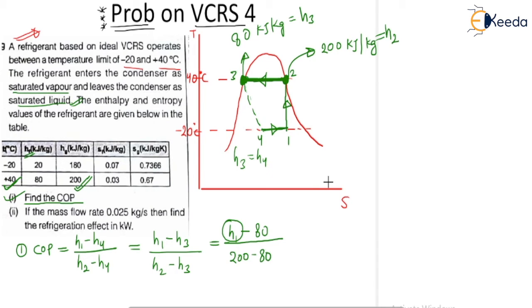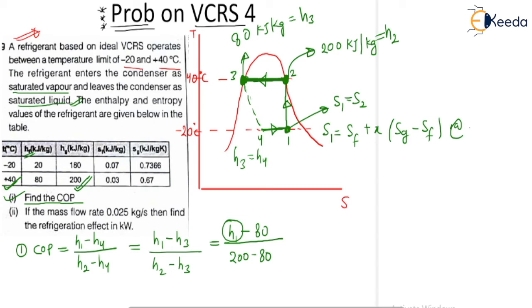So we go for h1 and we have to calculate this h1 value. By using the entropy scale, for this point number 1, entropy s1 is just equal to s2, and we have to write this s1 in the form of sf plus some additional mass fraction x times (sg minus sf), at which temperature?